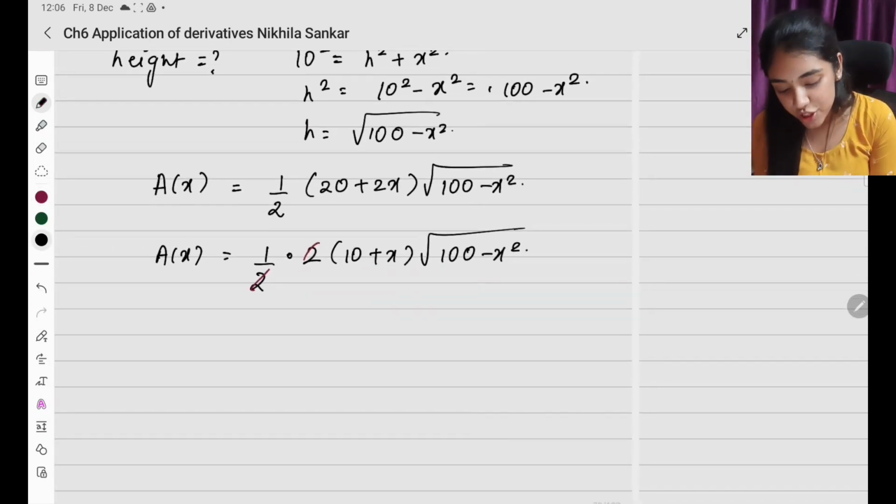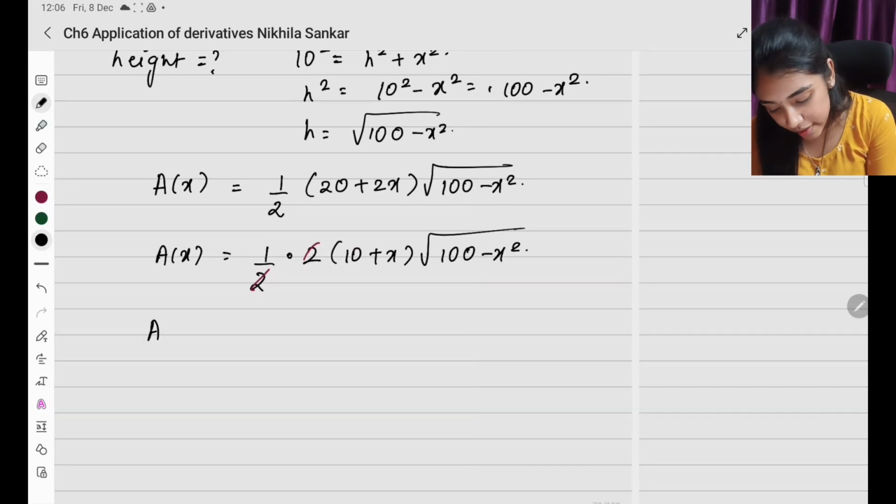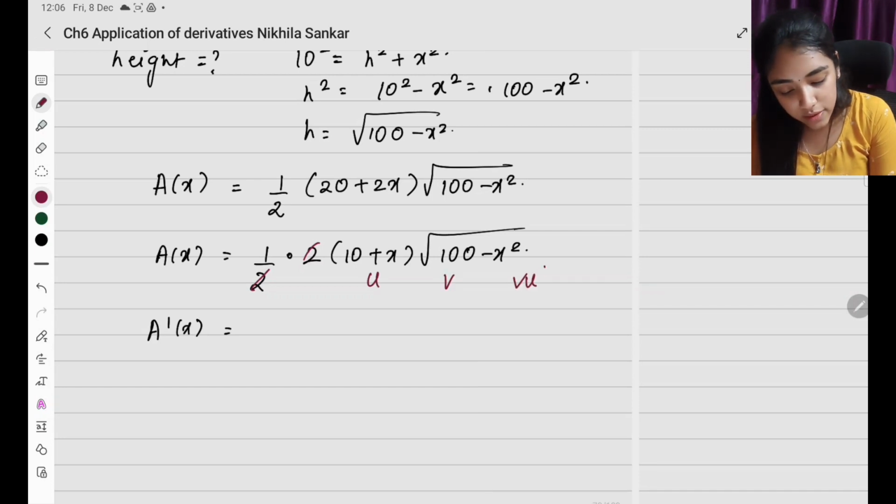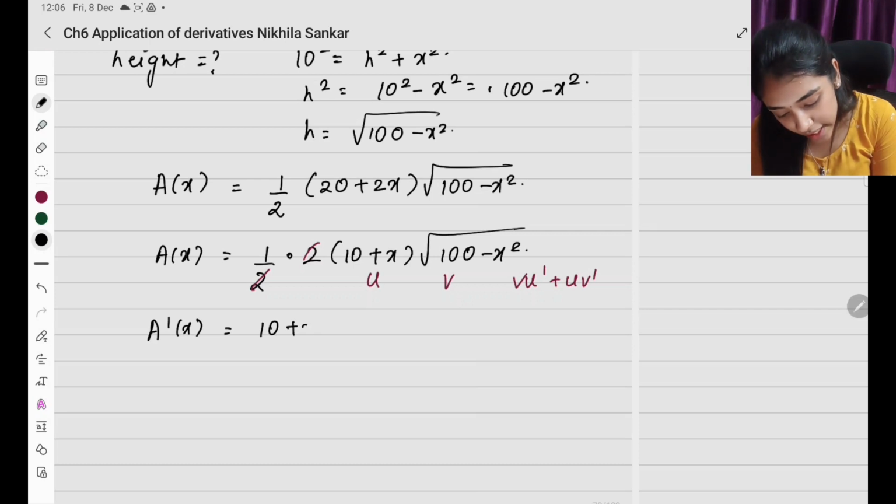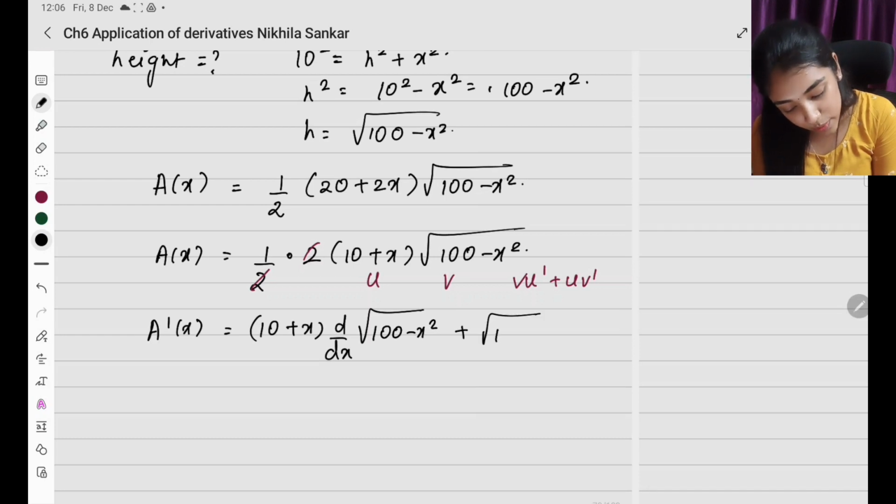Now I'm going to differentiate. To differentiate, I have A dash of x equals, there are two functions, u and v, so I'm going to use the product rule, vu dash plus uv dash. So I have 10 plus x times d by dx of square root of 100 minus x square, plus square root of 100 minus x square times d by dx of 10 plus x.